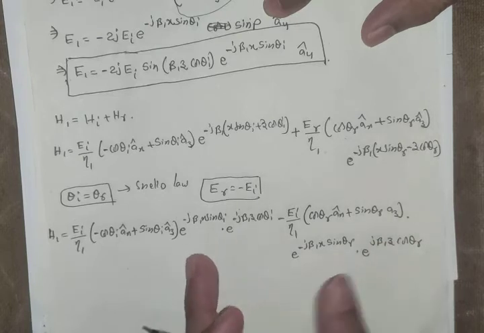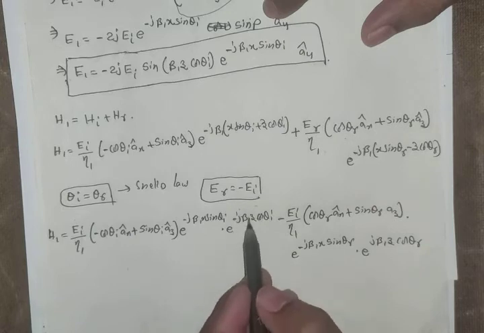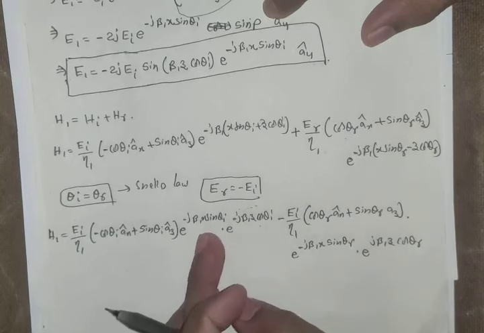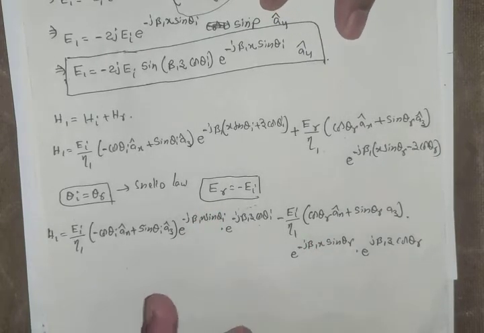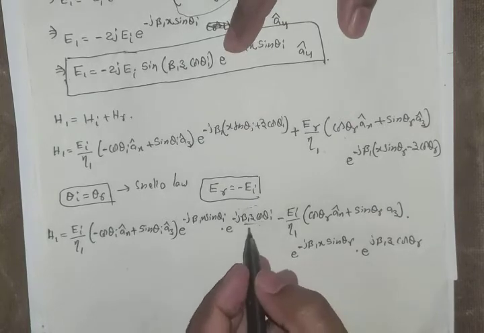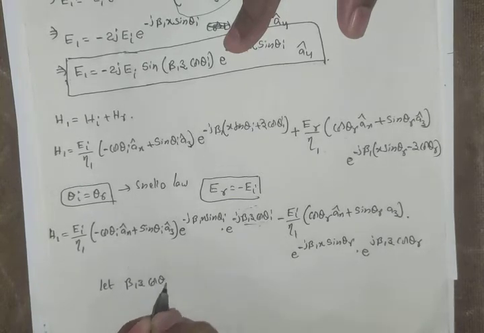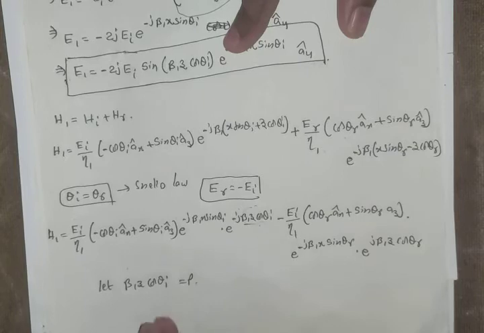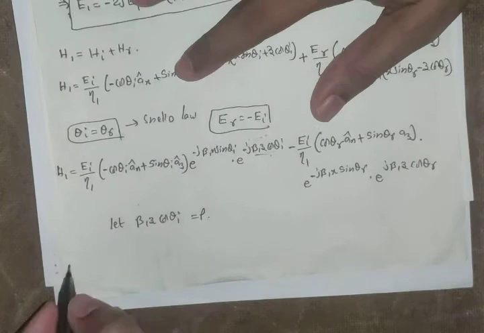In order to avoid confusion, let us assume beta 1z cos theta I equal to p, and take the common terms out of this entire equation, because this equation is very long.